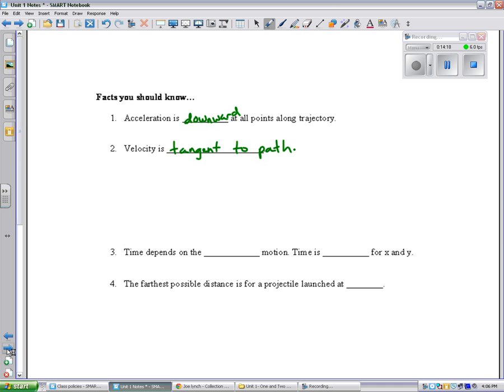So if I was to give you this, we're going to fire the ball this way, it's going to go up and come back down over here. And they ask you to draw the velocity or the acceleration at any point. At this point, the acceleration is still going to be straight down, and the velocity is going to be tangent. Here, velocity's here, acceleration's there. Over here, velocity's tangent, and the acceleration is down that way.